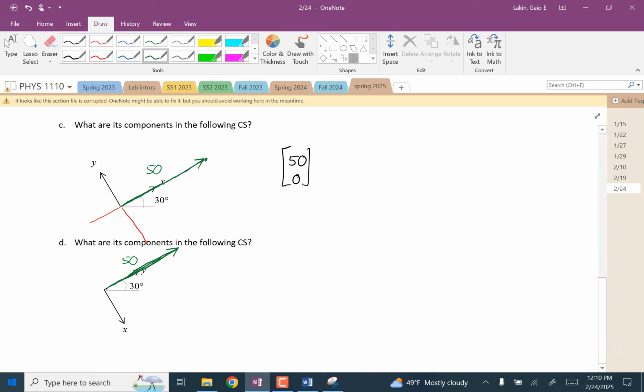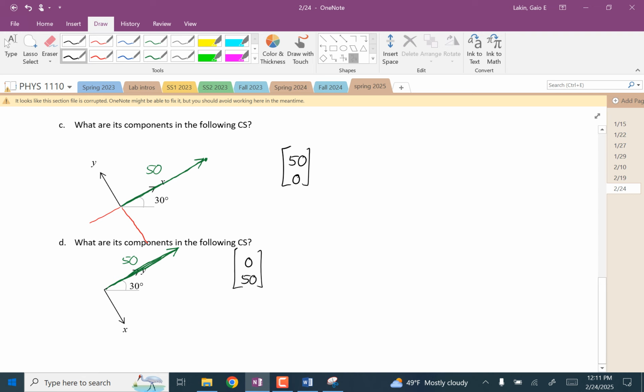So what are the coordinates of that point? Well, it's right along the positive x-axis, so it's just going to be 50, 0. Same thing for this one, except it's along the positive y-axis. So this is just going to be 0 for x, 50 for y.